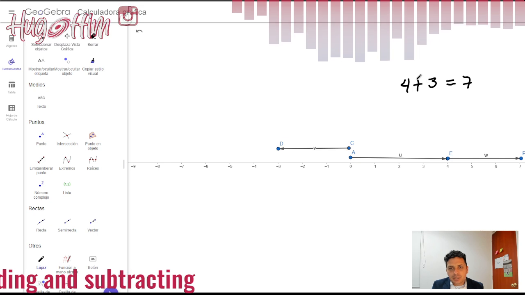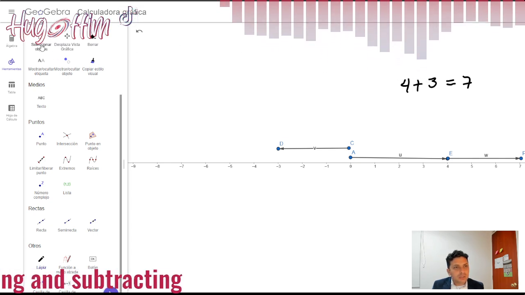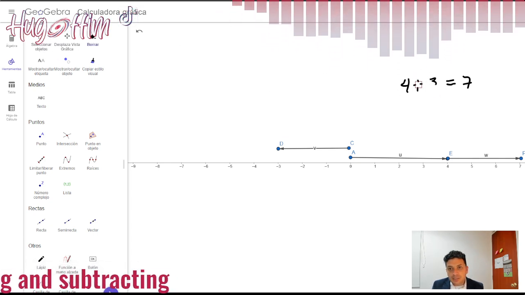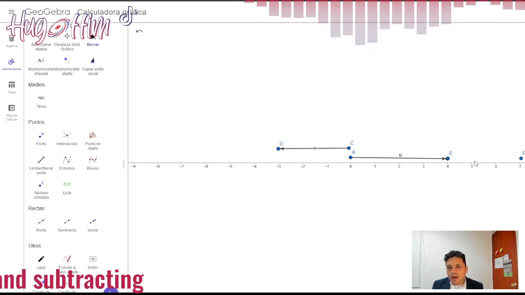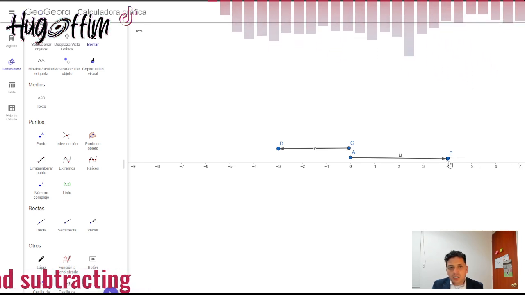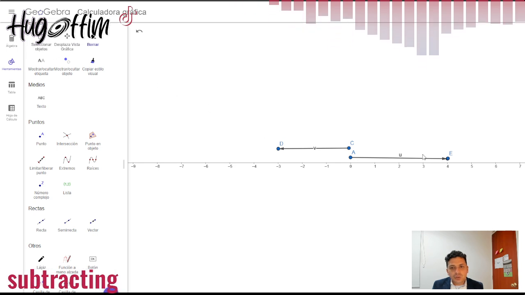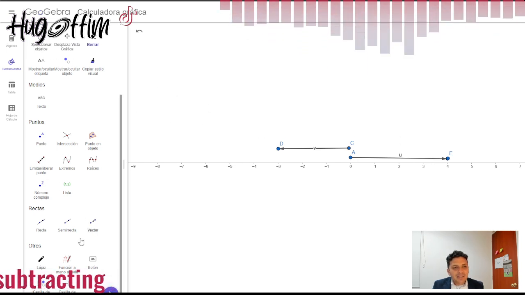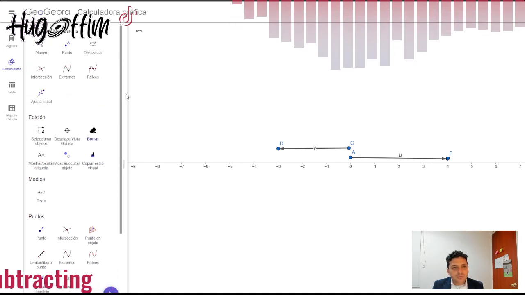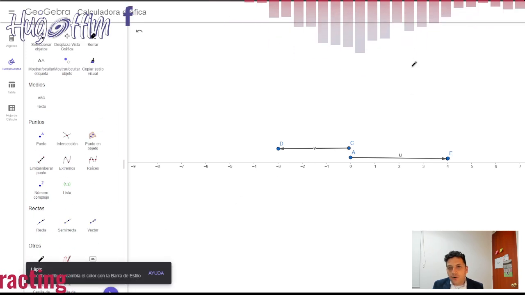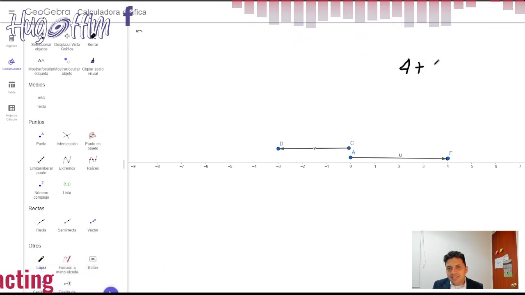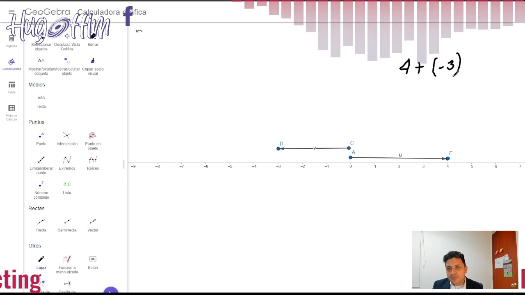First I'm going to erase this, because we already know that 4 plus 3 is 7. So my objective is to add 4 plus the negative number 3.